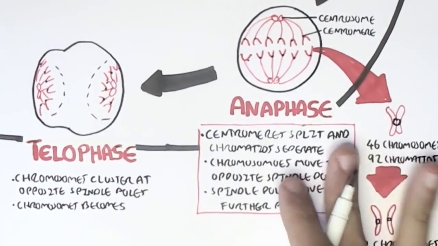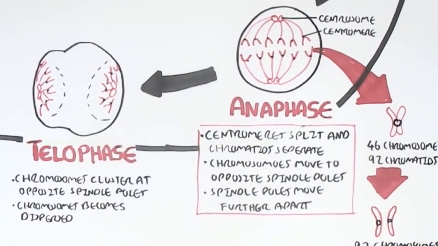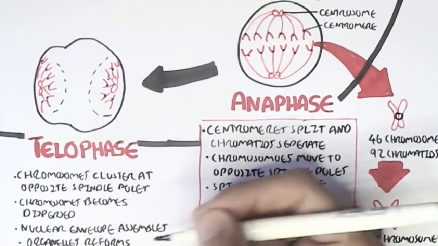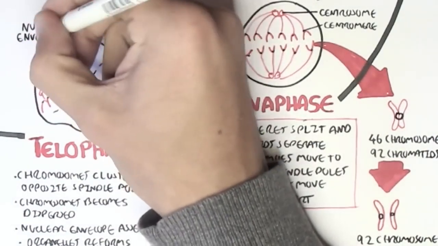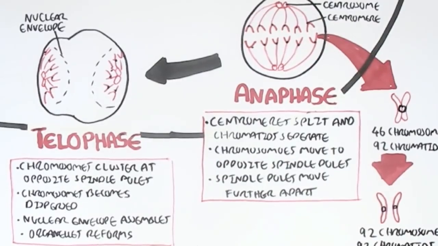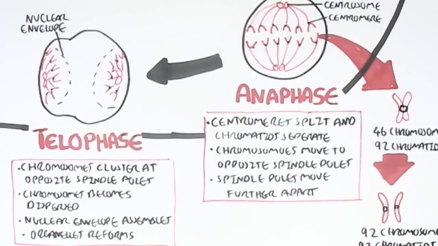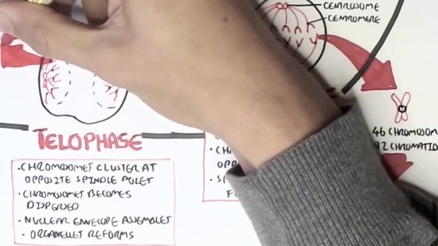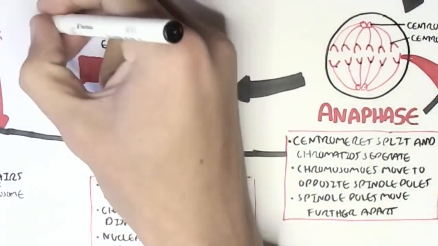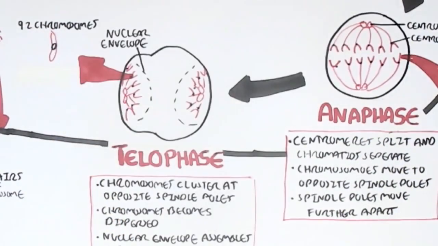The chromosomes become dispersed, the nuclear envelope will assemble, and the organelles will reform. This is our nuclear envelope, which is reassembling. If we look at the genetic material of this cell during telophase, this would represent 1 chromosome, which has 1 chromatid. Therefore, the cell would have in total 92 chromosomes and 92 chromatids.